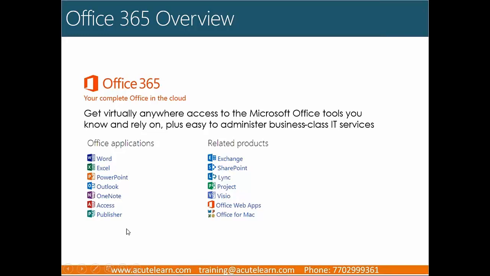And it also provides products like Exchange, SharePoint, Lync, Project, Visio, Office Web Apps, and other things which are available. Slowly, they are adding a lot of things into Office 365. They have recently added Dynamics, and they are adding all the applications which are available from Microsoft. They are making it part of the cloud services.